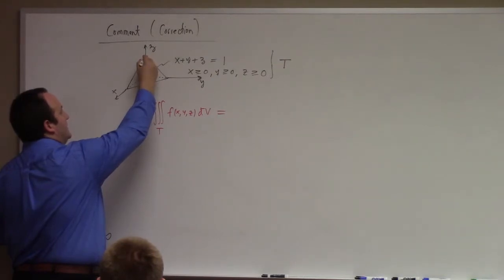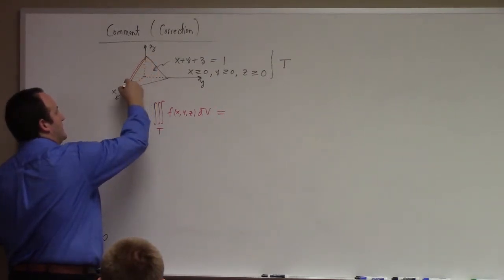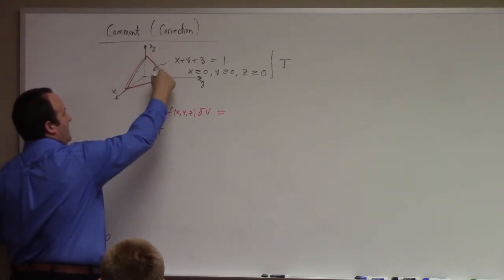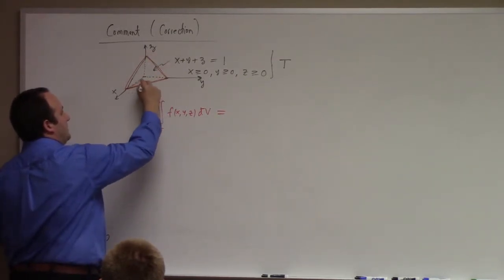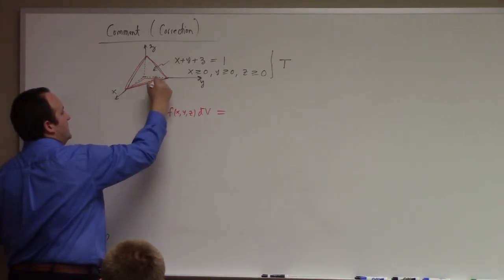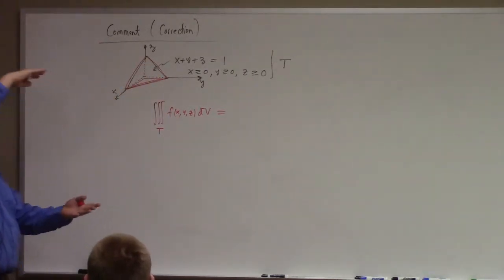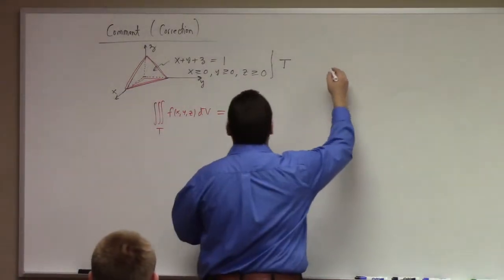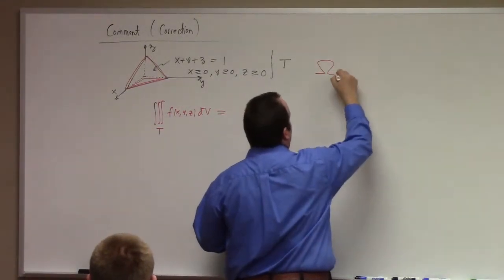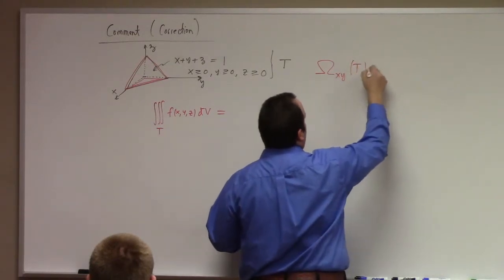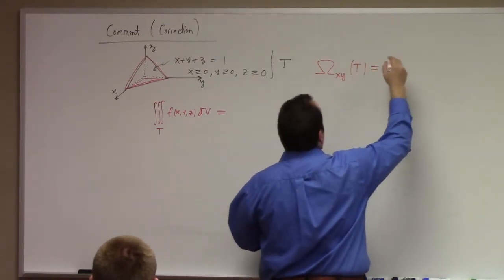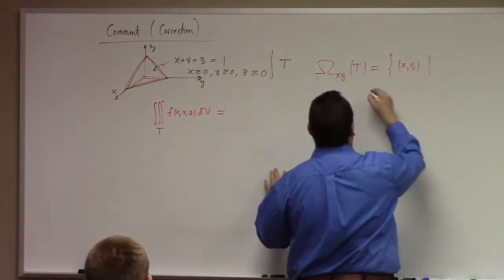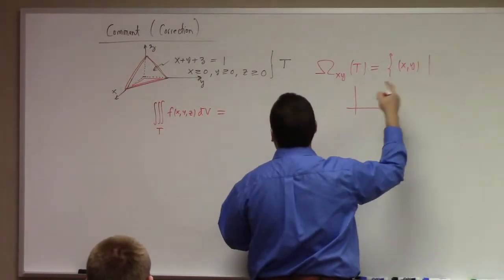In the z direction, the top is this, and the bottom, of course, is the plane down there. The top projects down onto the bottom, actually. So the projection in the xy plane of T is just equal to what? I can draw a picture of it easier than I can write this set.